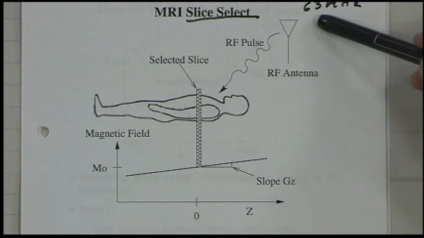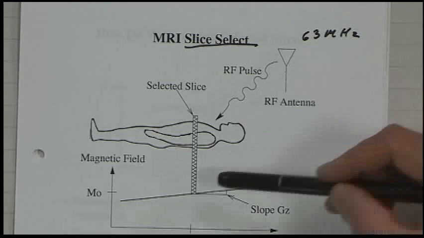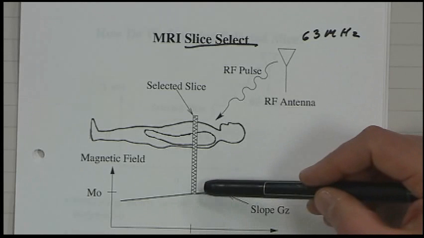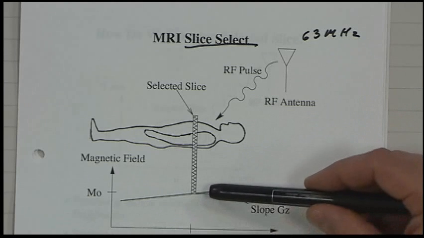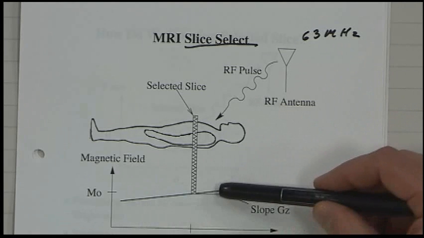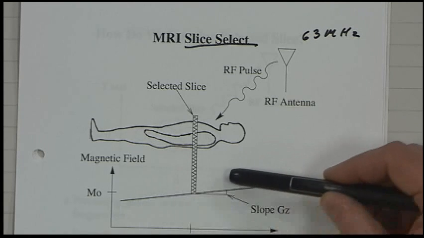Then you use an RF pulse, and the frequency of the RF pulse is selected so that it's tuned to a particular slice. At different z positions, the resonant frequency will vary slightly because there's a slope to the magnetic field.